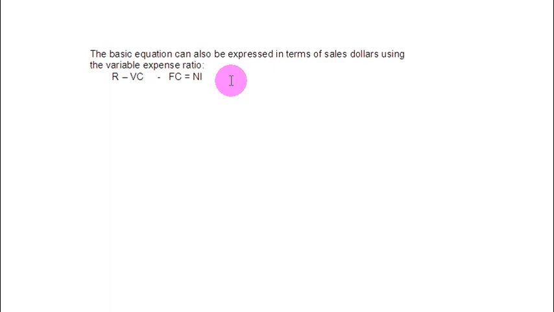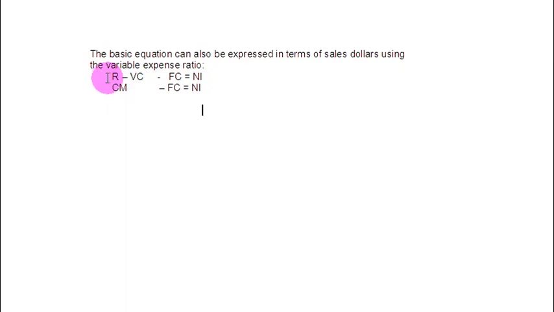How high does revenue, R, have to be before we can break even? So just another way of looking at volume. Instead of looking at volume in terms of units, we're going to look at volume in terms of sales dollars or revenue. It's going to work the same way. We're just going to plug some terms that we know. We're going to replace some of these terms and then rearrange things.